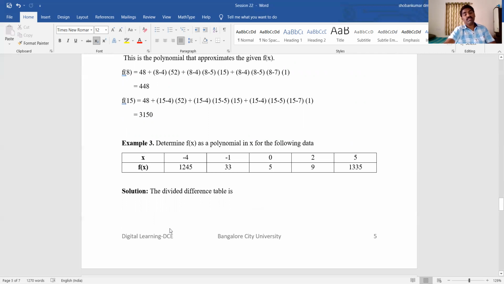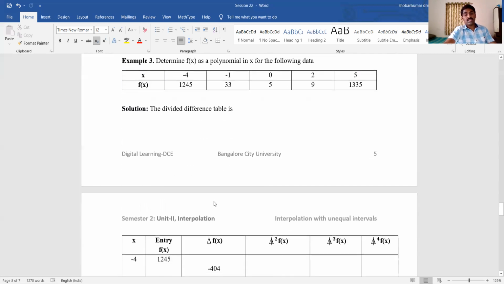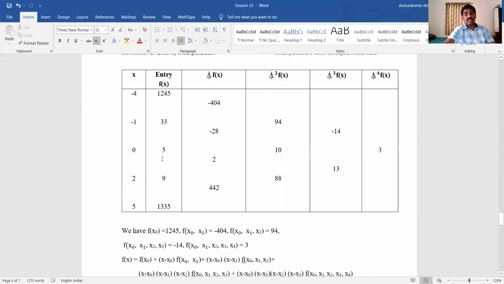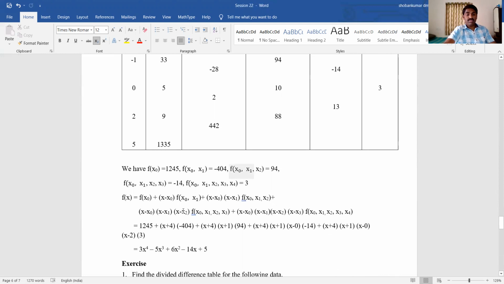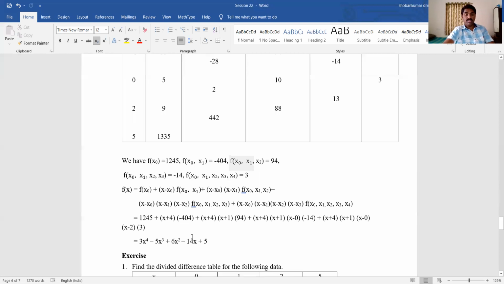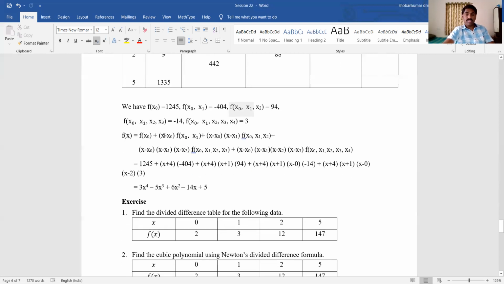And another one is to determine f of x as a polynomial in x for the following data. Here we have to find f of x in terms of x only. First, construct the divided difference table using the given data. Then we can write down the formula, keeping x as it is, with no change. We don't put any value for x since we have to find the polynomial. The remaining x0, x1, x2, x3, x4 we know.